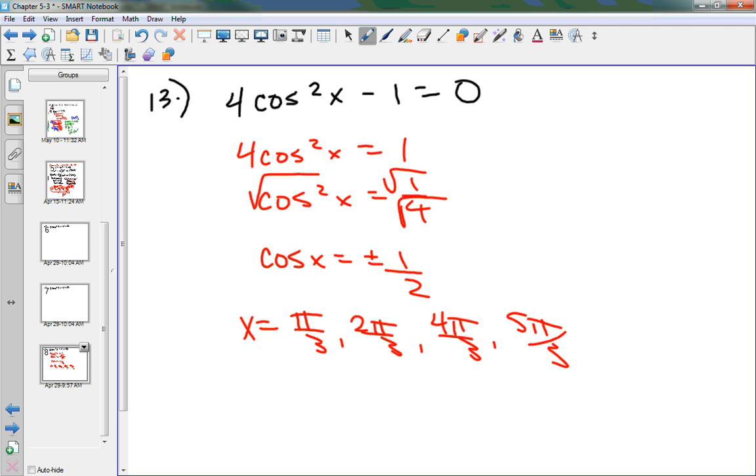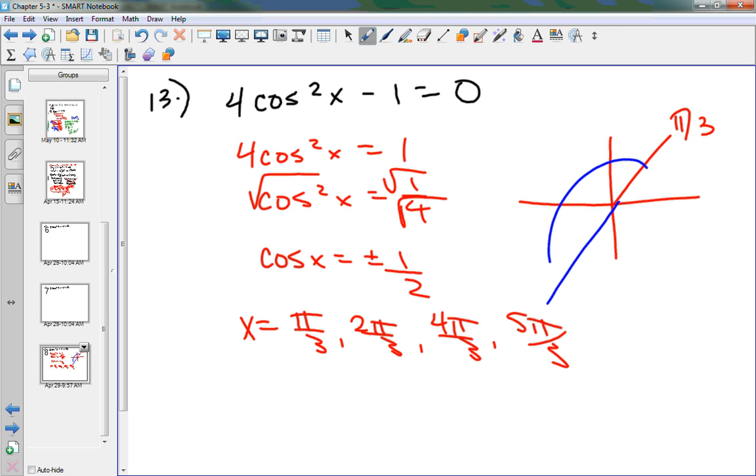Now, the book is going to do something that's a little bit different. If I'm at pi over 3, and I add pi units to that, where does that put me? Four pi over 3, right? If I'm at 2 pi over 3, and I add pi units to that, where does that put me? 5 pi over 3.